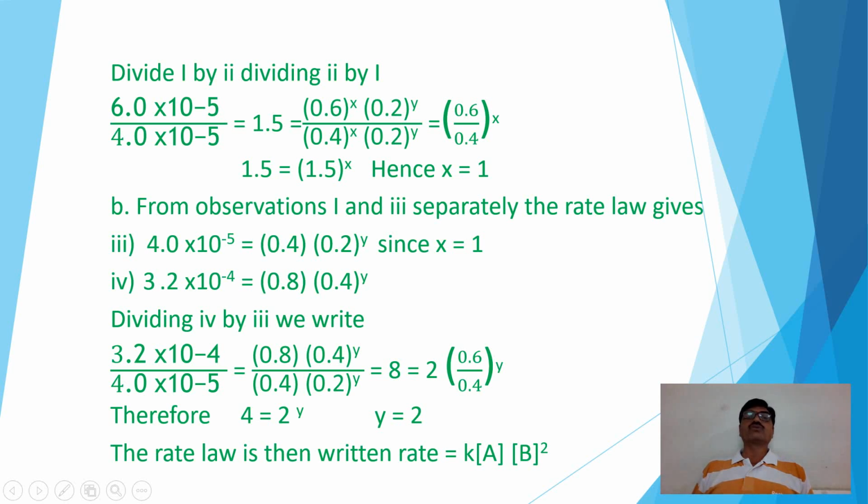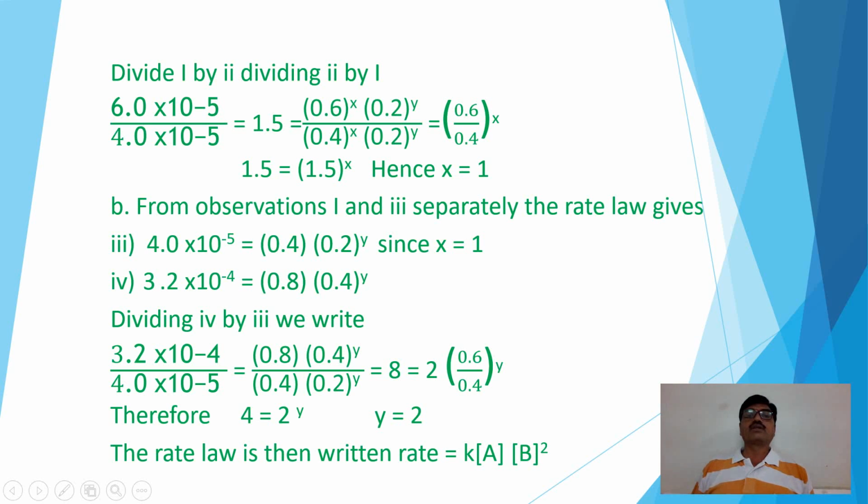So this gets cancelled, 0.6 upon 0.4 to the power X. So 1.5 is equal to the answer of this, which is also 1.5 to the power X. So by dividing, we will get the value of X, hence X is equal to 1.